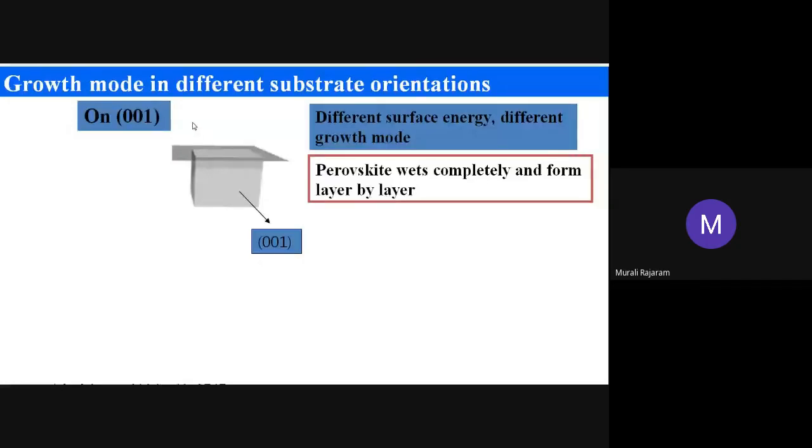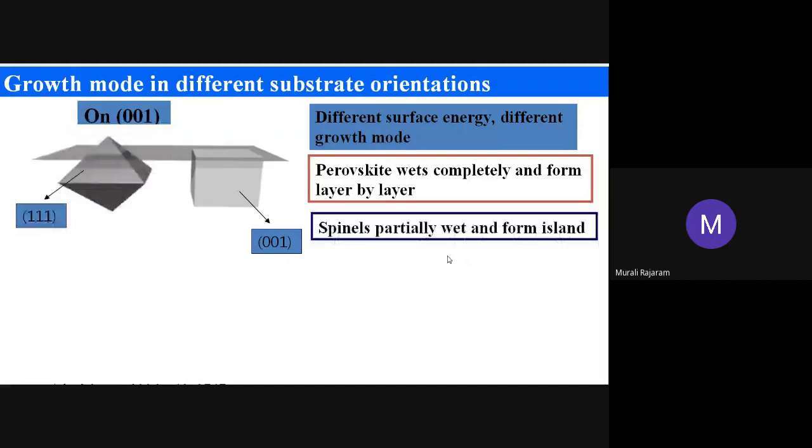On a 001 substrate, the spinels wet partially, so they grow as islands.